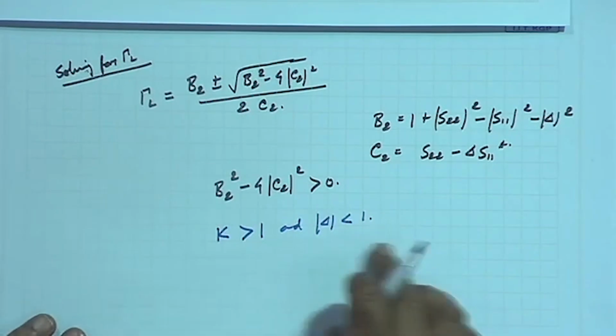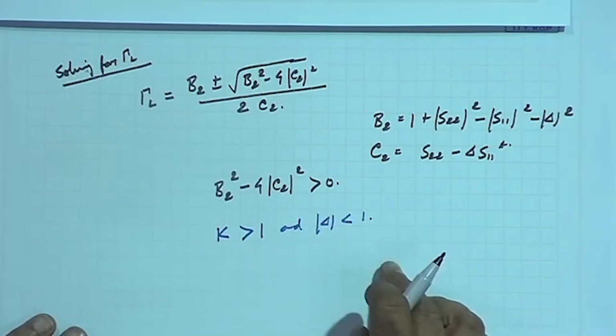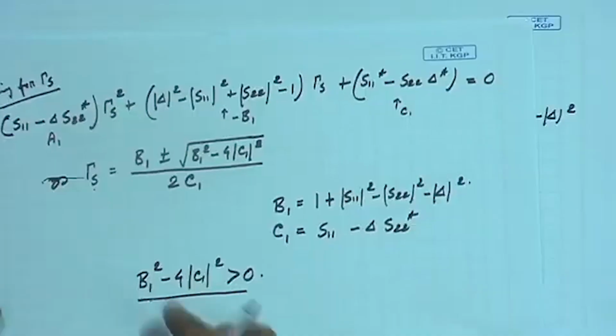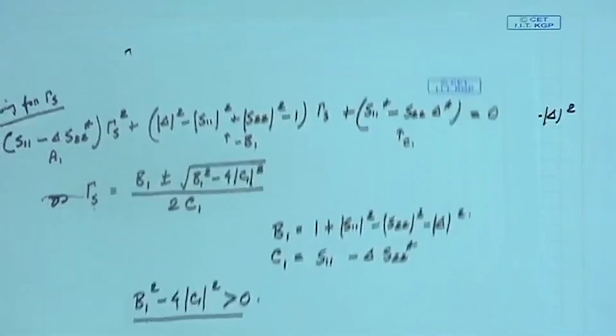What does this mean? If I have made a conditionally stable amplifier, then these things are automatically satisfied, and so gamma S and gamma L values can always be found.